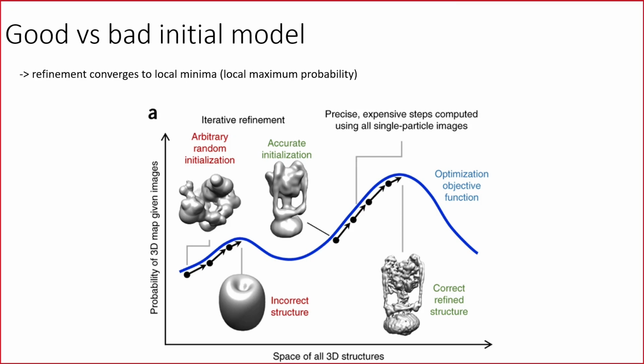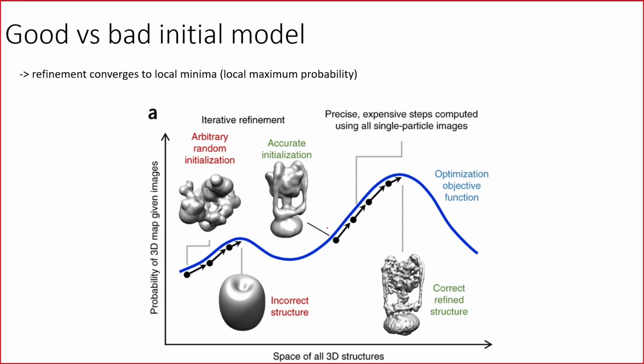The problem with a good and bad initial model is that if you do a random initialization, that means that you take your particles, assign them random angles, make a back projection of it, and get some 3D blob, it often leads to future alignments that give you a nonsense structure.